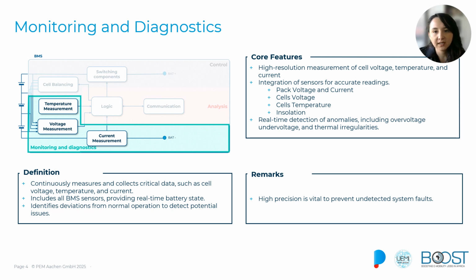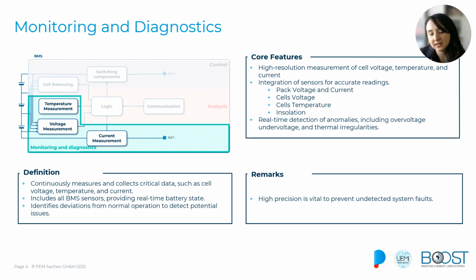The core feature of the monitoring and diagnostic subsystem of the BMS is the integration of all of these sensors that will ensure accurate readings of the current status of the battery. On top of that, it will have real-time detection of anomalies that will help us to identify potential issues that may arise, so that we can detect them early on and react in a preventive manner.